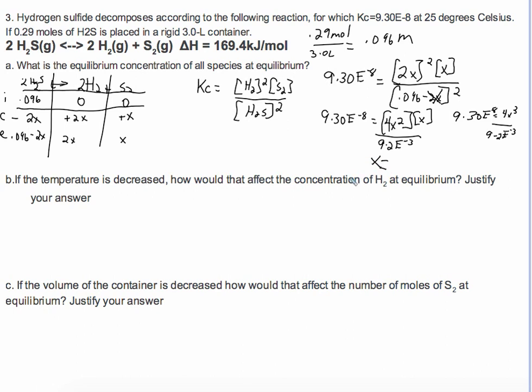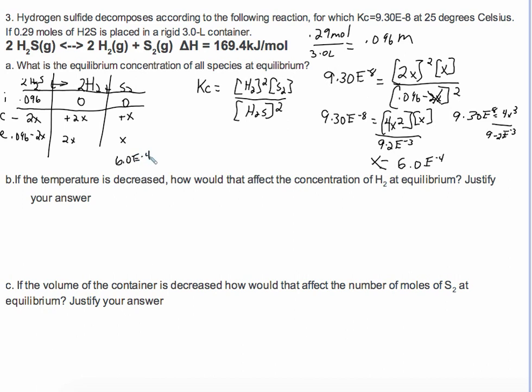And so what I end up getting is that x is equal to 5.98 e to the minus 4. So I'm just going to round that off to 2 significant digits, I think is what I need. So 6.0 e to the minus 4. So that's what x is.